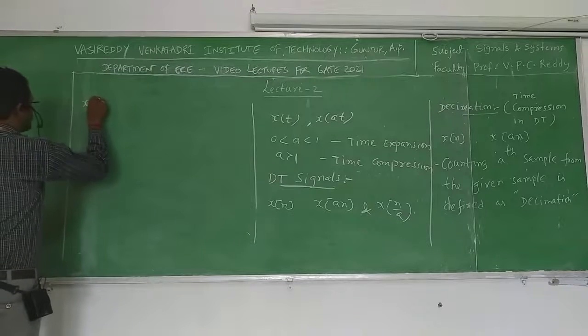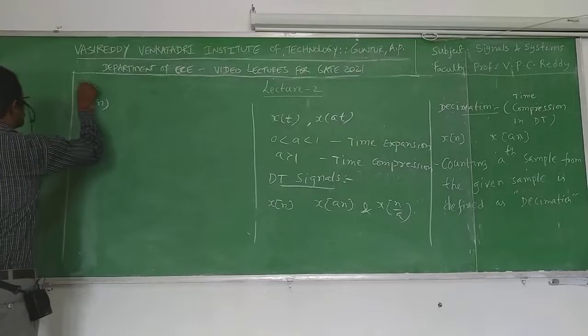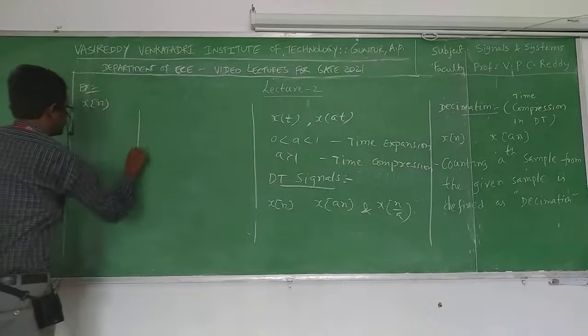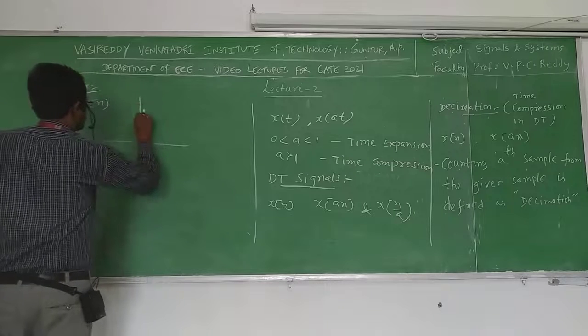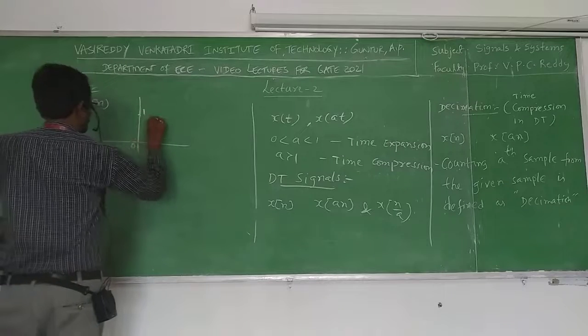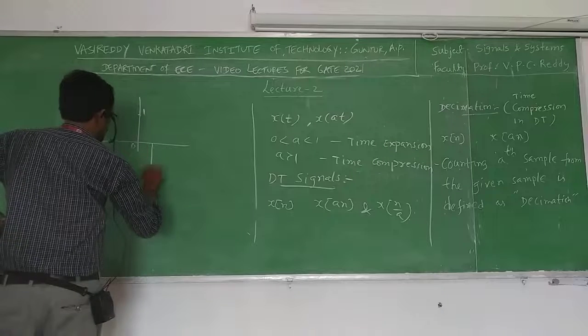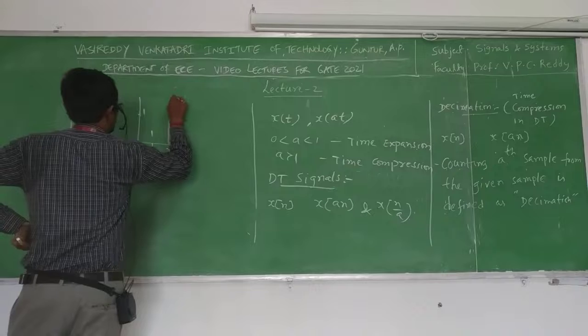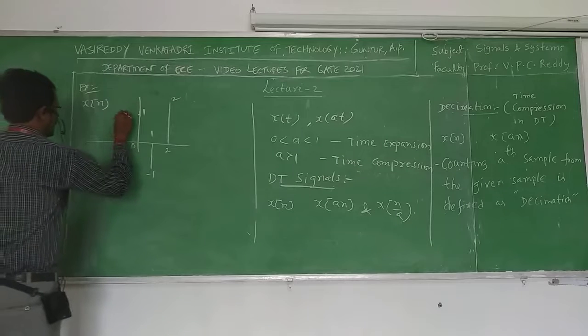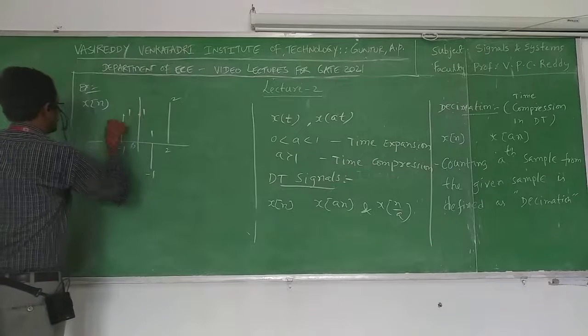So I am giving an example discrete signal like this. At 0, the magnitude is 1. At 1, the magnitude is -1. At 2, the magnitude is 2. At -1, the magnitude is 1.